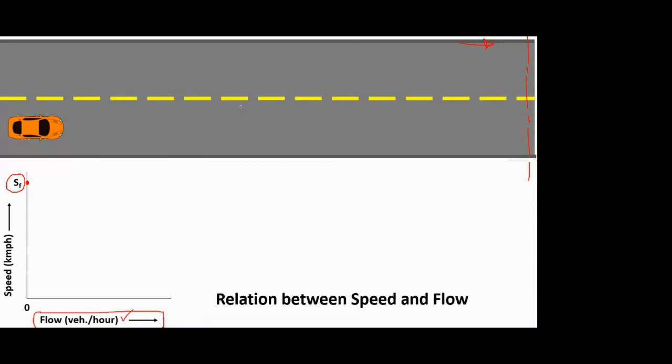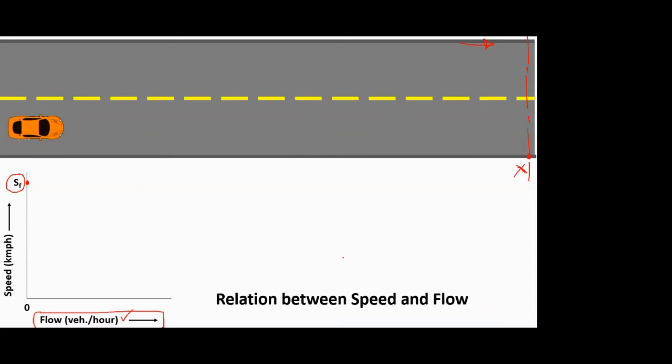When the road is empty and a single vehicle enters the system, it can travel at whatever speed it desires. That is the free flow speed, but it has not yet passed the point we have considered. Let's name that point X. Since it has not yet passed point X, the flow value is still 0.